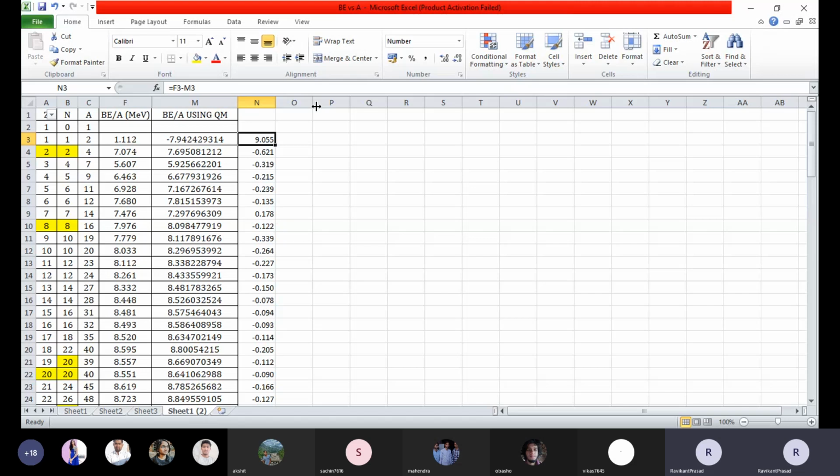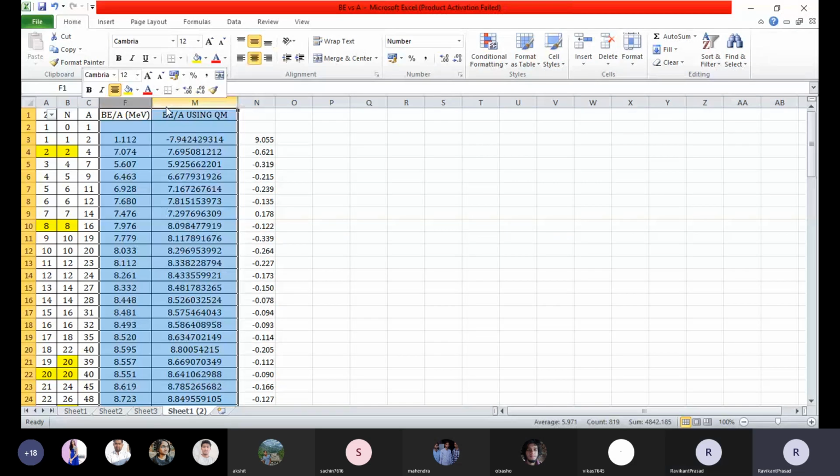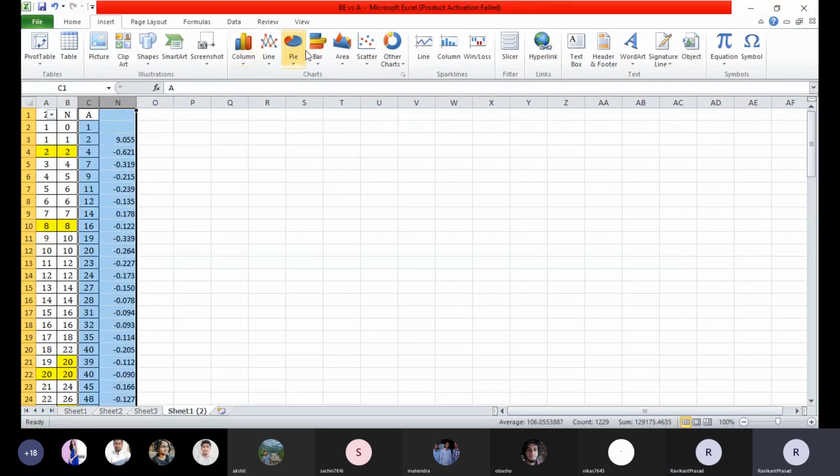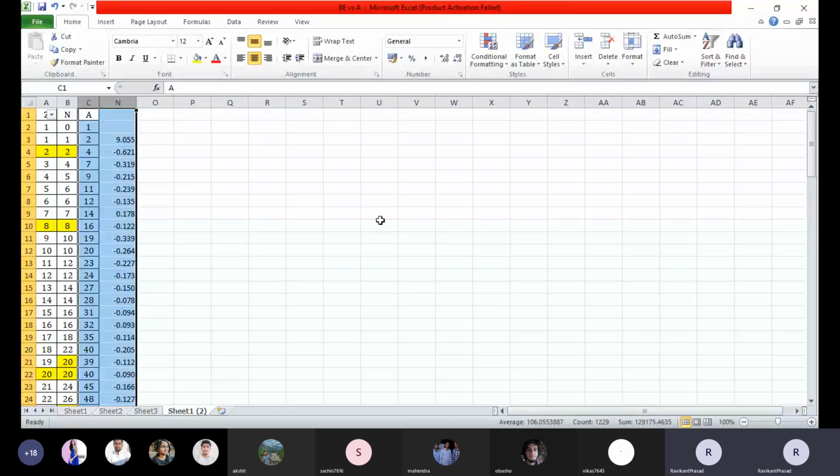Let me just plot it, and I will plot with respect to neutron, or let me plot with respect to A only. So I will just hide these two. Plot with respect to A. This is actually plot.